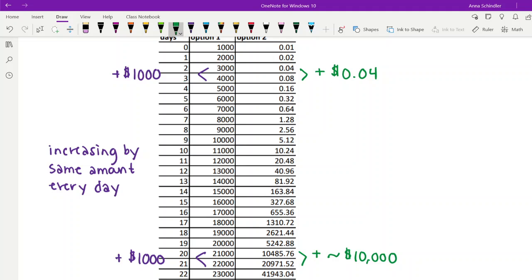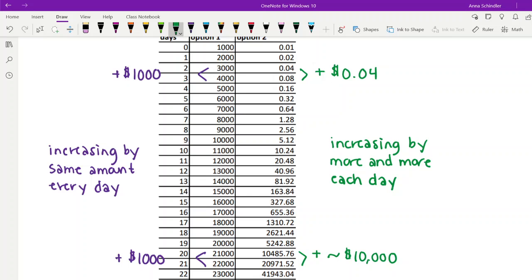Whereas in this situation, we're increasing the amount of money by more and more each day. So in this situation, the rate of change is not constant, right? It's changing. Specifically, the rate of change is getting greater. It's changing more quickly as more money accumulates, right?